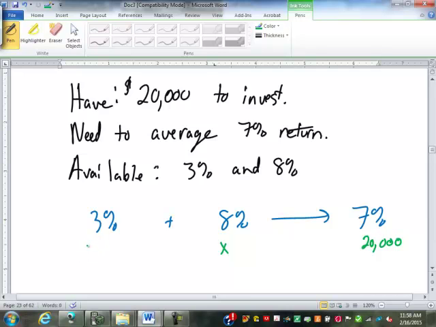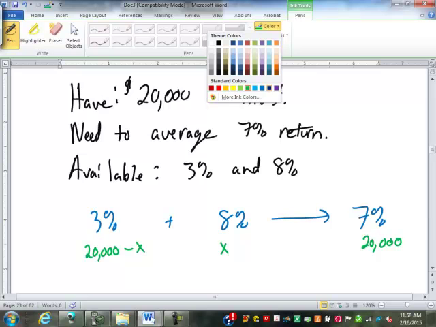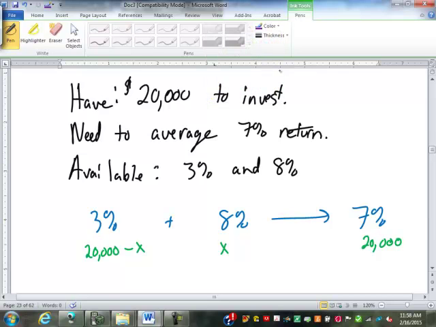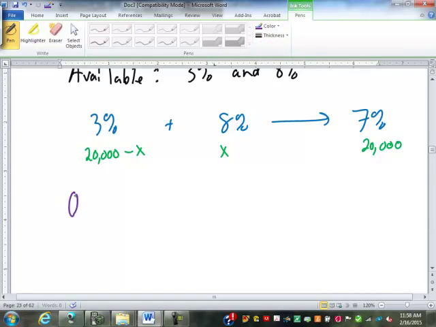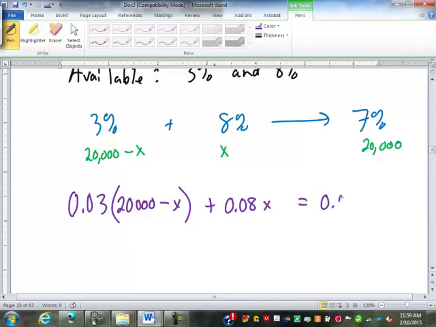So the amount of the 3% will be our total of 20,000 minus X. From there, 0.03 is our rate for 3%, times 20,000 minus X, plus 8% is a rate of 0.08 times X equals 0.07 times 20,000.